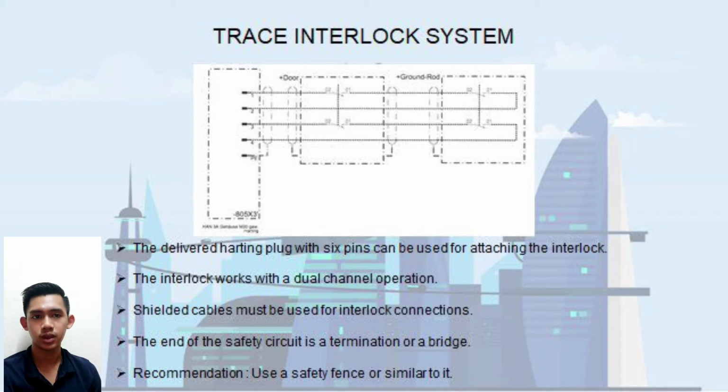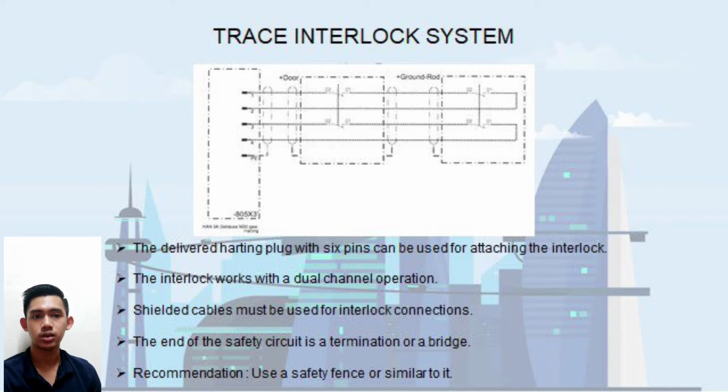For the second tracing task, which is trace interlock system, as we can see in the connection of the interlock system, the interlock is used to monitor the door to the high voltage portion of the device and to monitor whether the high voltage is removed from the ground rod. It can also be a door mounted around the high voltage part in a safety fence.